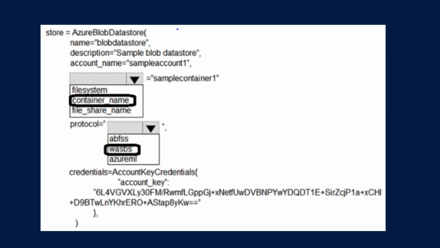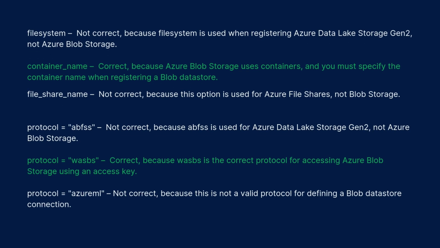Because Azure Blob Storage uses containers, and you must specify the container name while registering the blob datastore. And the protocol which is WASBS, this is correct because this is the only protocol which accesses the Azure Blob Storage using an access key.